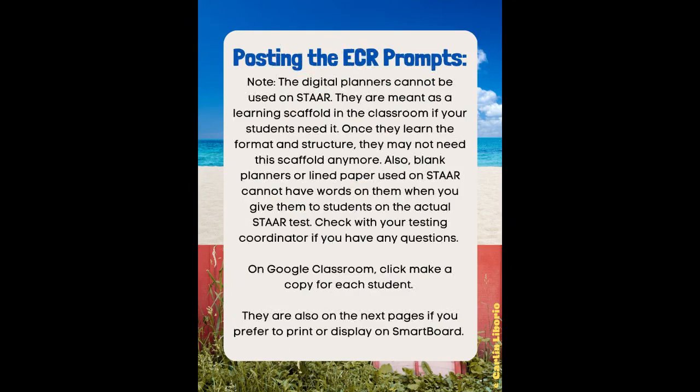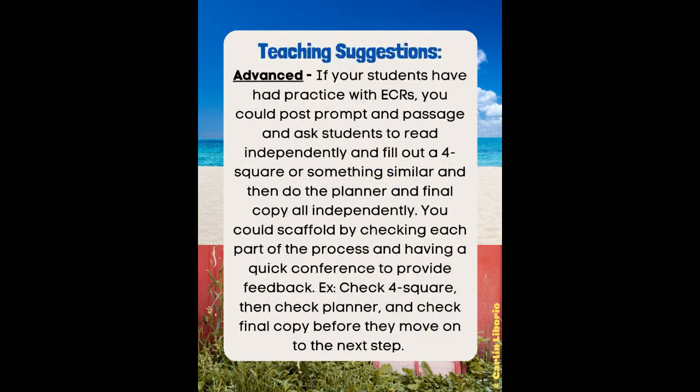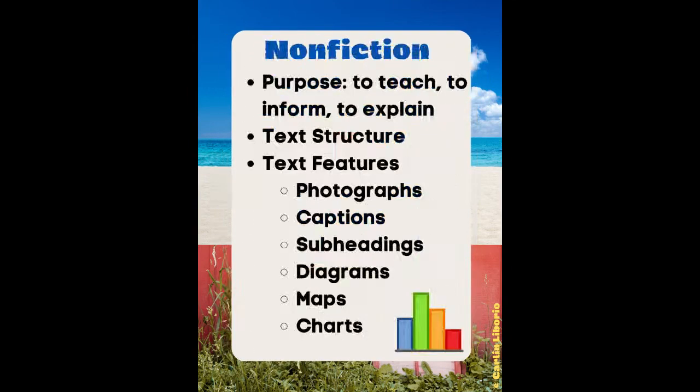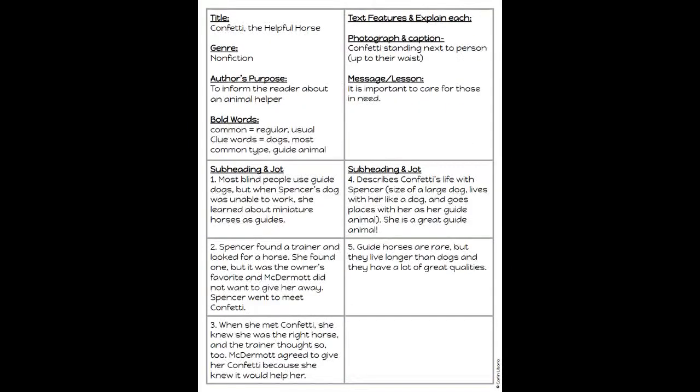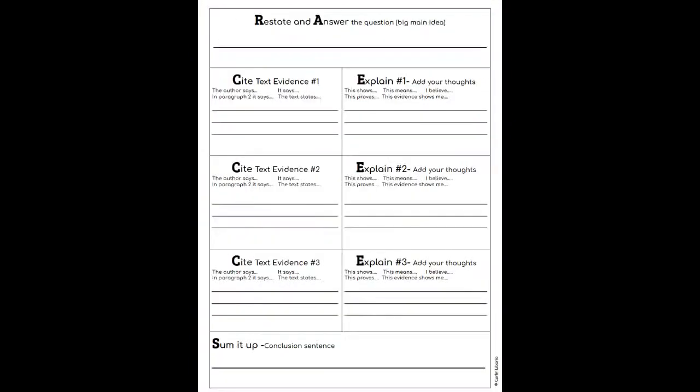Okay, so this is all the links. All of the ECRs and SCRs have Google Doc links that you can post right to Google Classroom, suggested pacing. These are the four squares. They're filled out for each passage. SCRs.